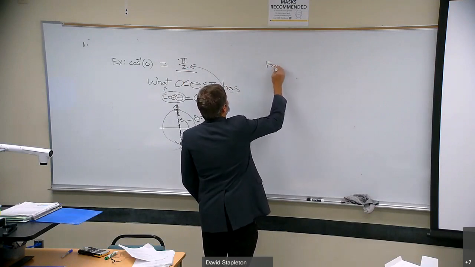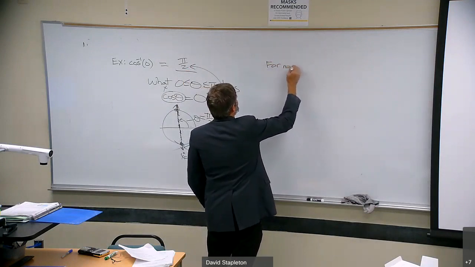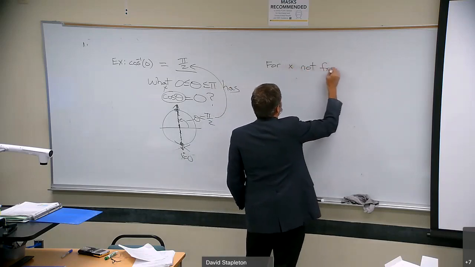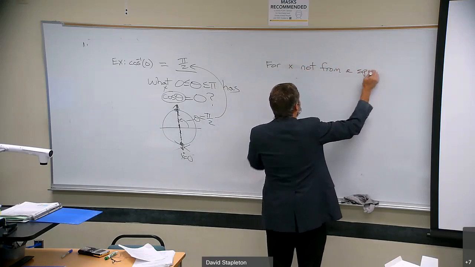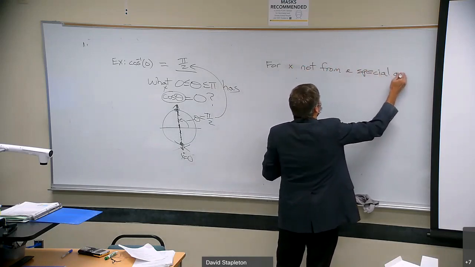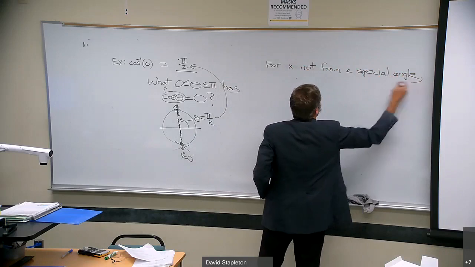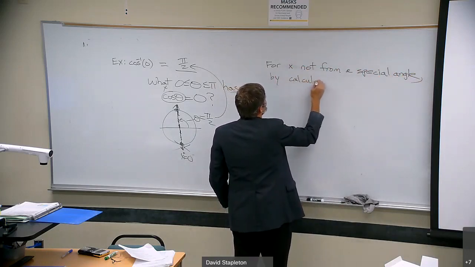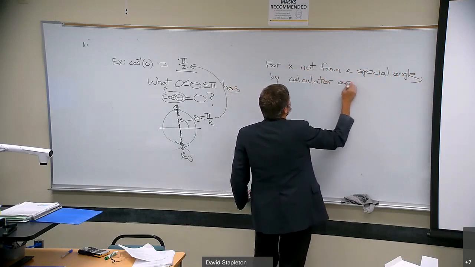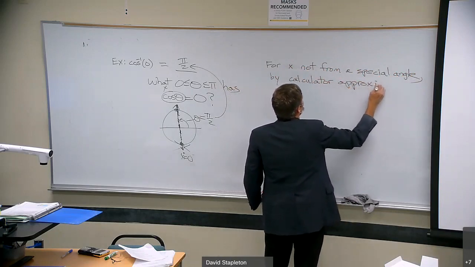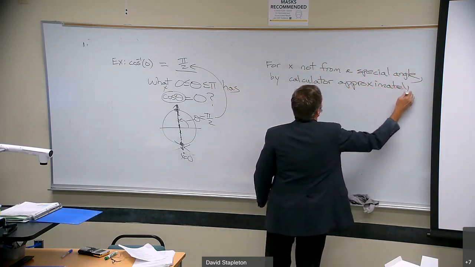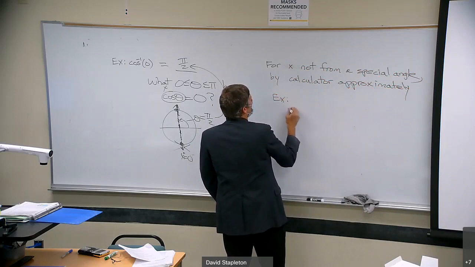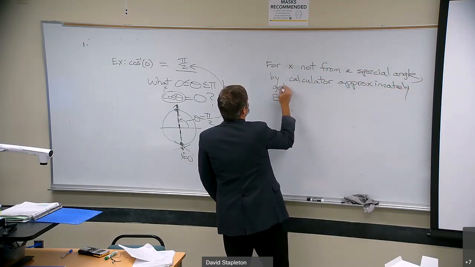Then for non-special angles, or for x not from a special angle, my calculator gets an approximation. Approximately, I get arc cosine of x.